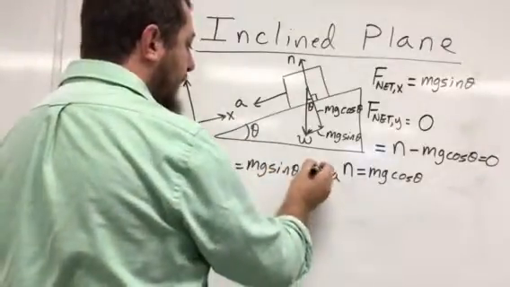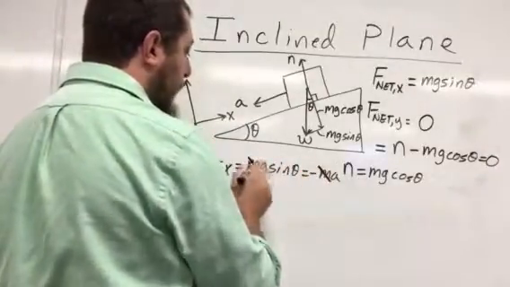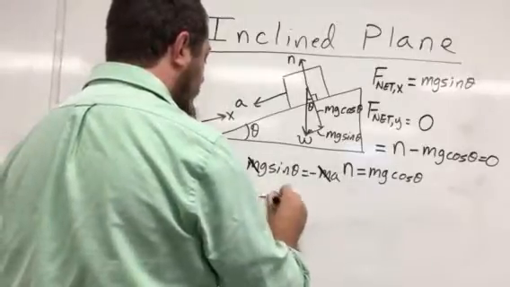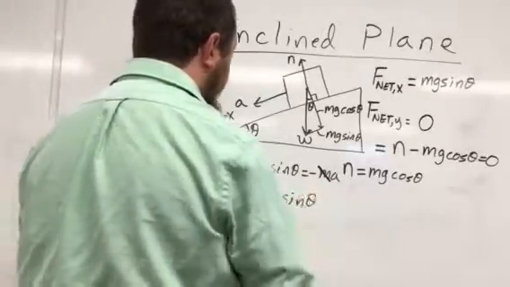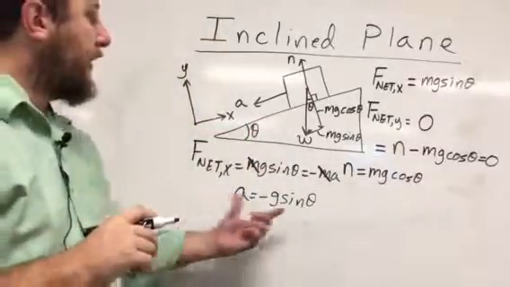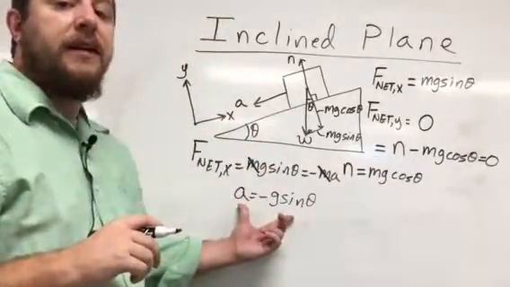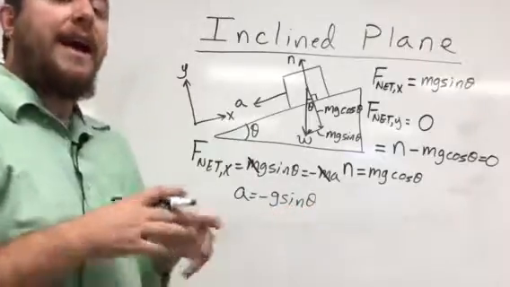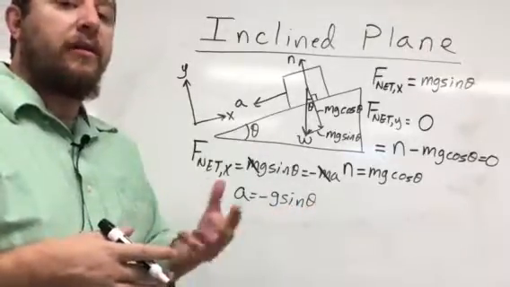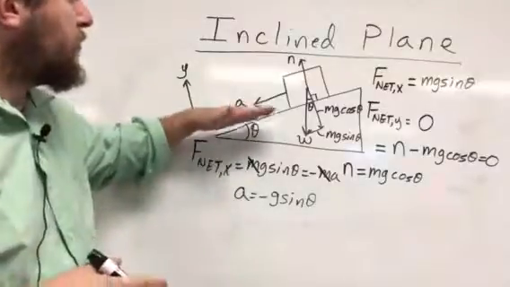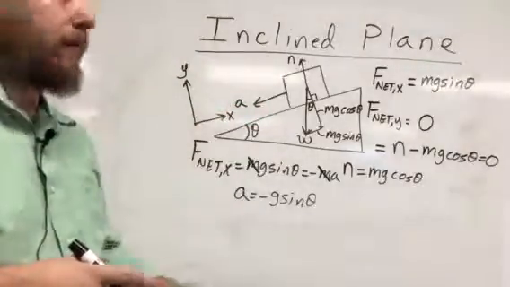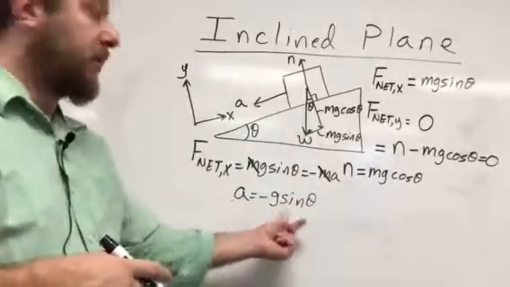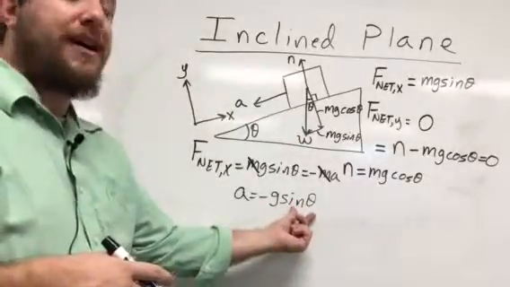And what we can see is that my m's cancel out since they're both the mass of the box, and my acceleration is equal to negative g sine of theta. So the acceleration the box experiences is going to be proportional to the sine of the angle. And that satisfies our thought that we had at the beginning of the video. The smaller the incline, the less the acceleration. The smaller this angle, the less this acceleration. The smaller this angle, the smaller the sine is.